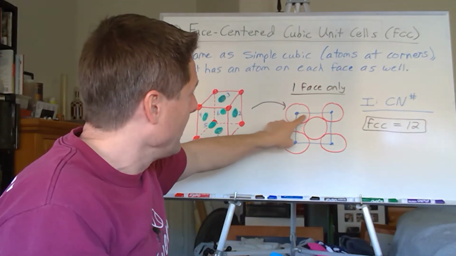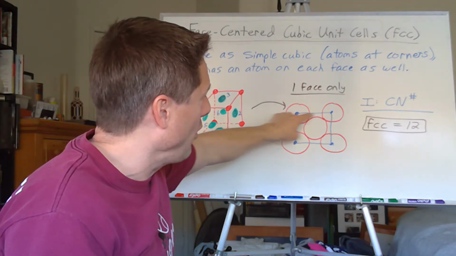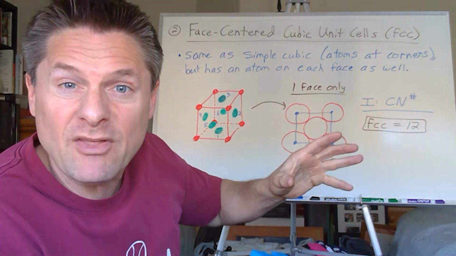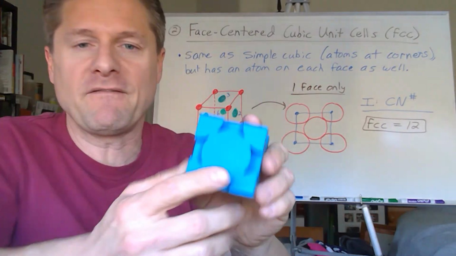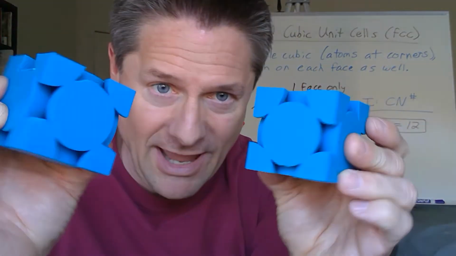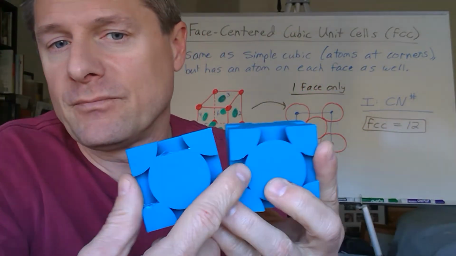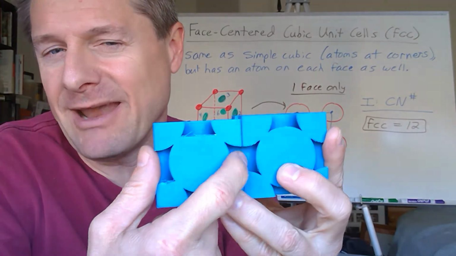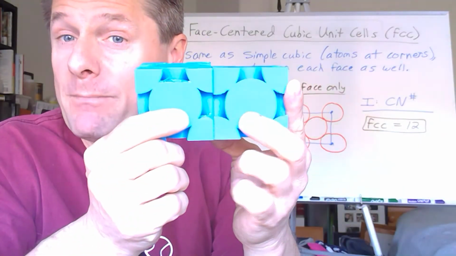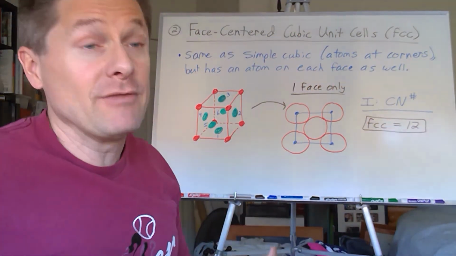You can see it's just touching that one portion inside the unit cell. The corners, remember, only 1/8 is actually inside. But if you look at the face, it's cut in half. It's shared by 2. So if I put 2 together, that one atom hiding right in there is shared. Every atom on the face is shared by 2 unit cells. So a face atom counts as a half. We'll do that in a second.